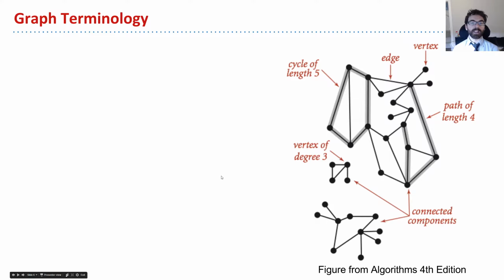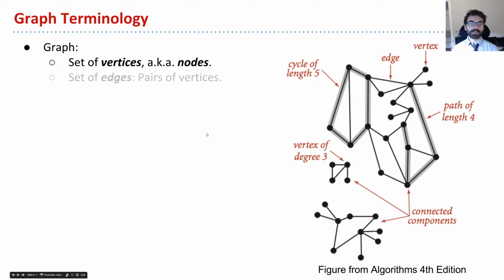So let's talk about some terminology here, and be a little more precise. First of all, a graph, as I mentioned, is a set of vertices, also known as nodes, and a set of edges, which are pairs of vertices. We could think of these connections as a tuple or a pair of vertices. So for example, here's a vertex, here's a vertex, here's a vertex, and here's an edge.